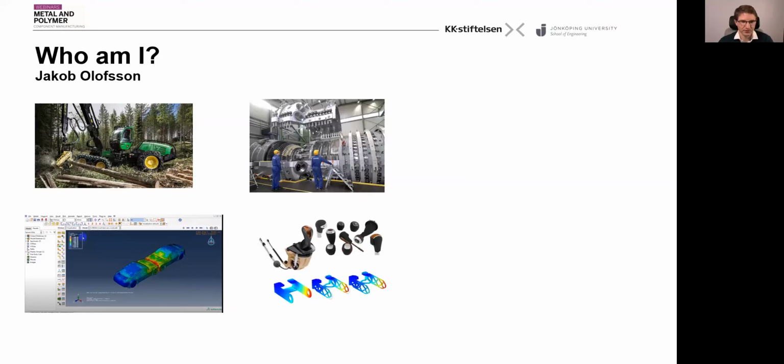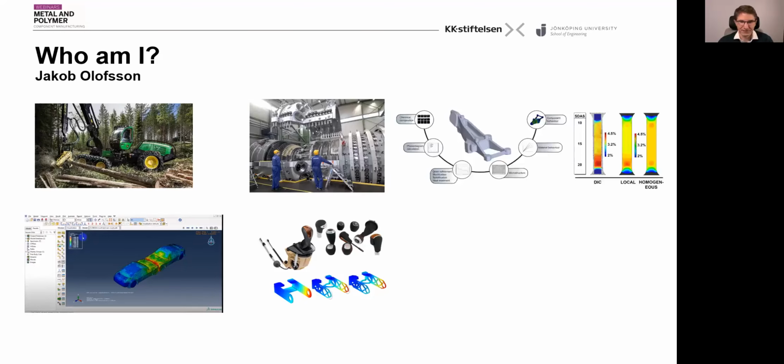I also worked for some years in the automotive industry, working with multi-body dynamic simulations, finite element simulations, topology optimization, etc. Before I went back to the university, to academia, and did my PhD on how to connect casting simulation and finite element simulations, and taking the manufacturing process into consideration when designing, working with what we call local properties, where you take the local microstructure and defects into account.